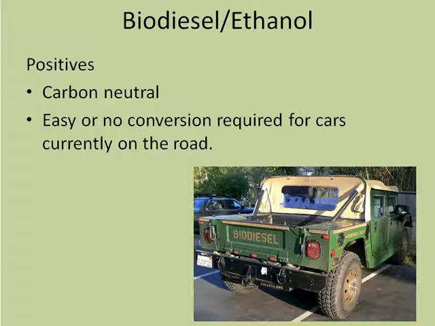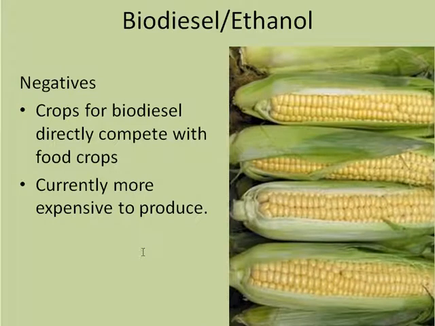So this is great, as long as we don't turn all of our land that we grow for crops into biodiesel producers. Most of the biodiesel right now comes from corn, and corn we could just go ahead and eat. So there are major problems in terms of population growth with producing biodiesel.